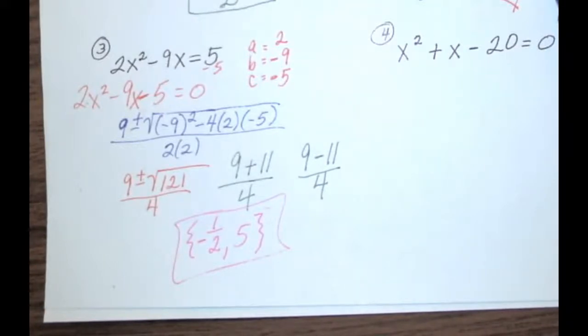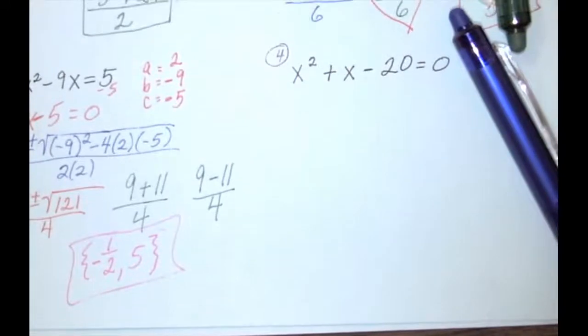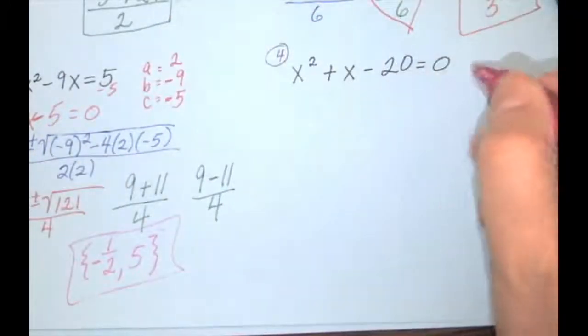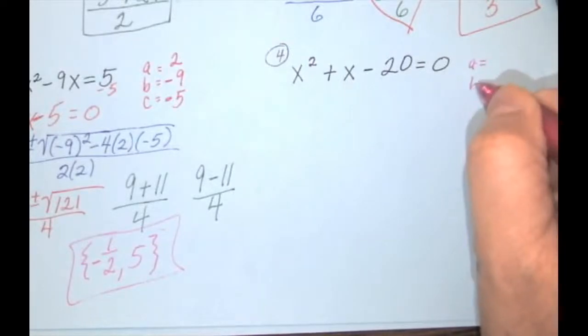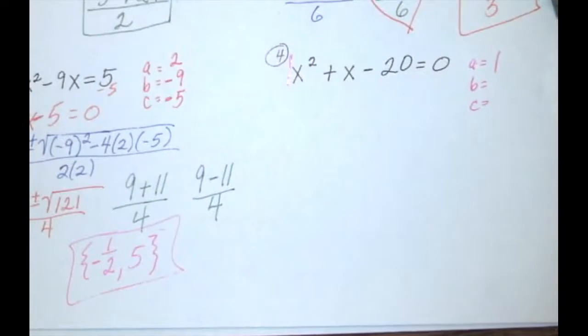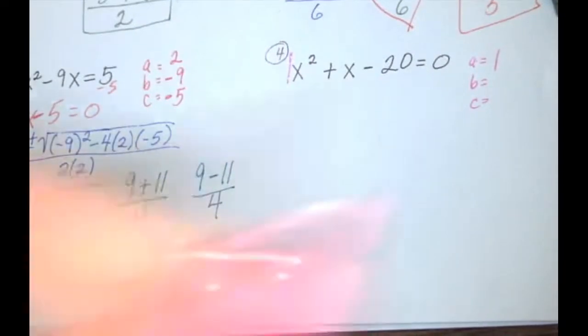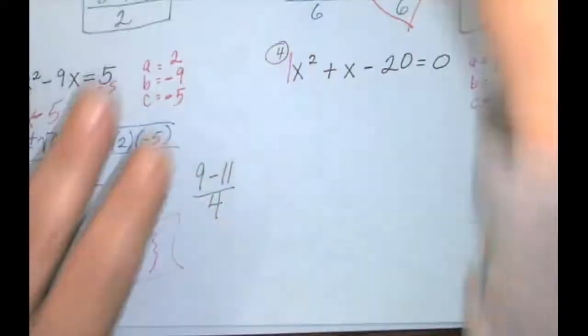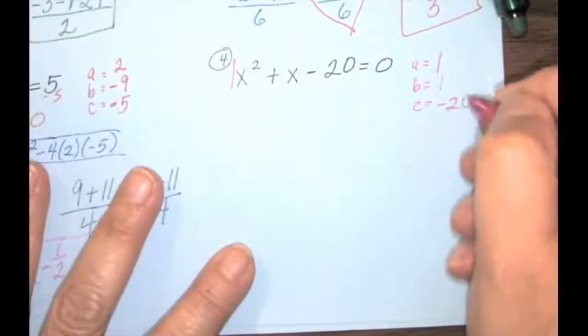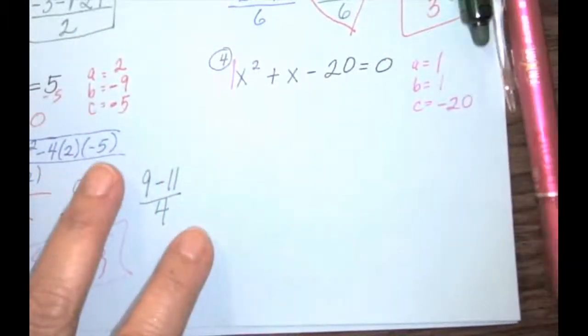All right, let's look at number 4. Is it set equal to 0? Yes, hallelujah. A is what? 1. When there's no number, do not put an X there. These have to be numbers. A is 1. B is also 1. C is negative 20. So let's plug it in.